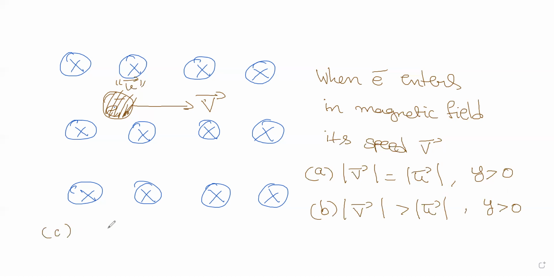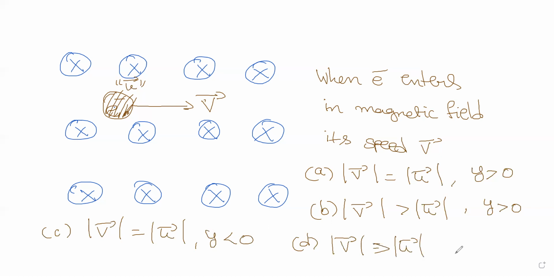Option C, mod v bar is equal to mod u bar, y is less than 0. Option D is mod v bar greater than mod u bar, y is less than 0.